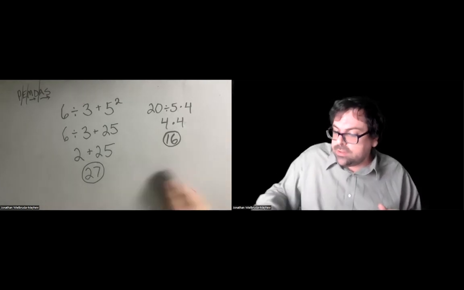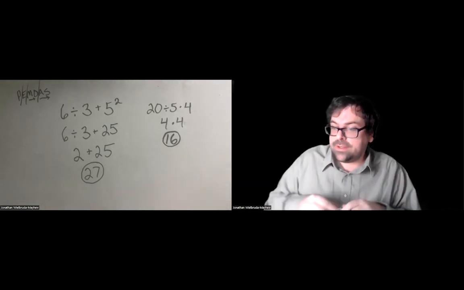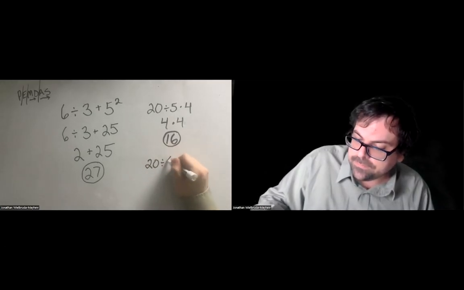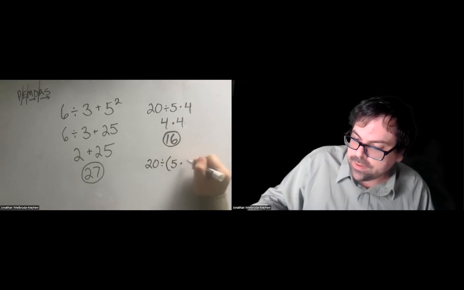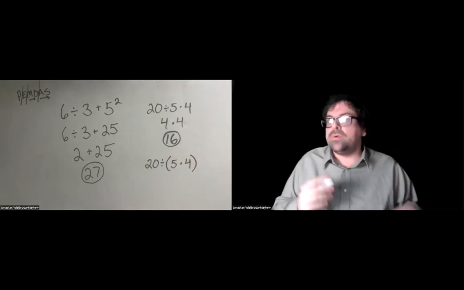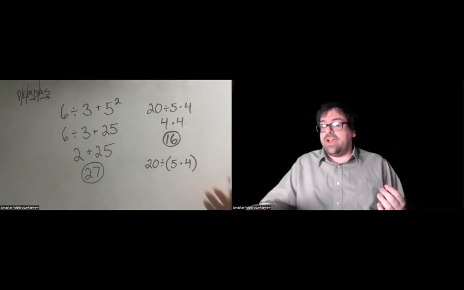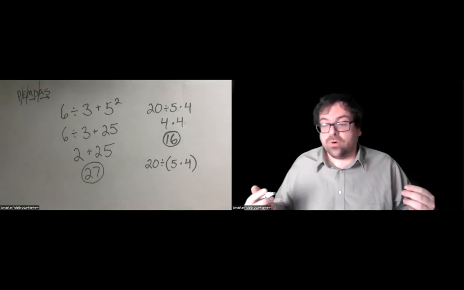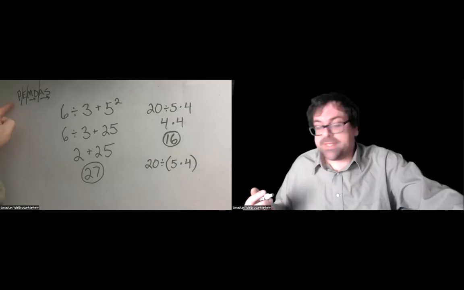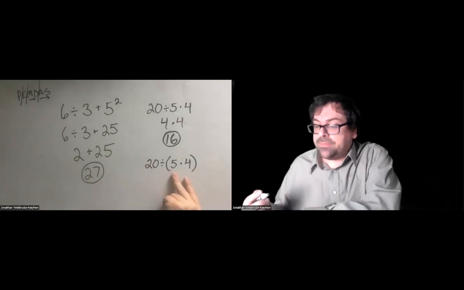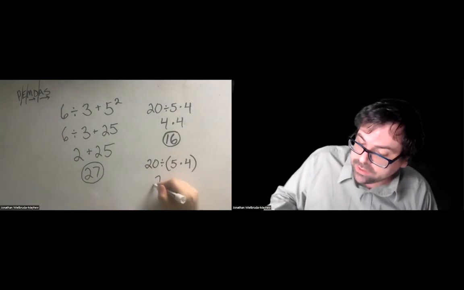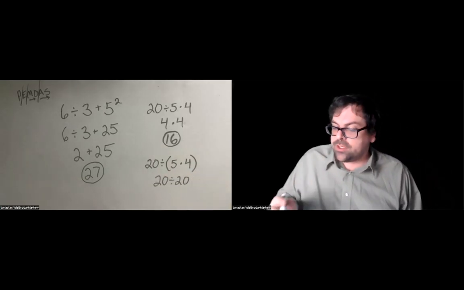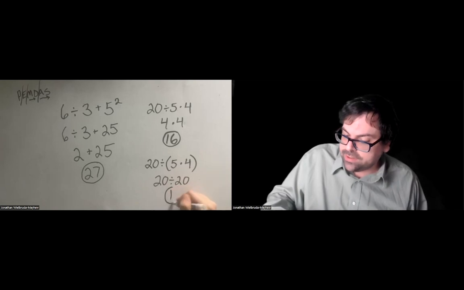Unless it's written like this. I put parentheses around the 5 times 4. And now when I follow order of operations, parentheses first. Inside the parentheses, we have 5 times 4. 20 divided by 20 is 1.